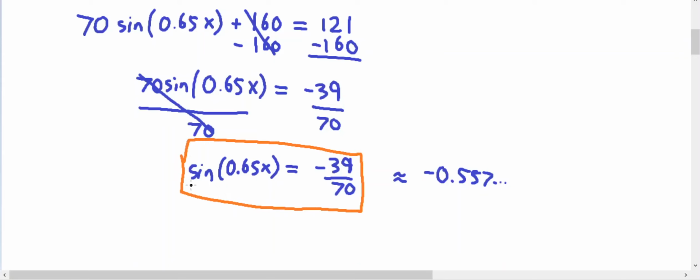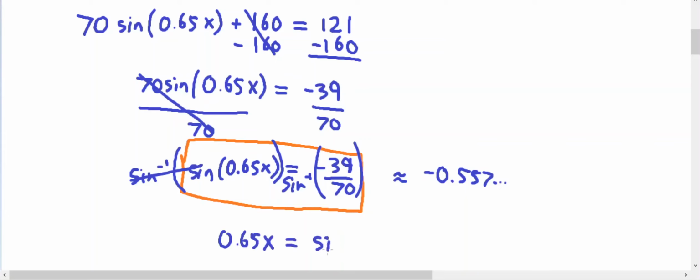This is a good place to make a checkpoint, because if you want to isolate x, what you have to do is take the arc sine. There's some caution you have to take when you do inverse trig, but let's do that anyway. Let's take arc sine of both sides, and these will cancel out like we needed them to. We have 0.65x is equal to arc sine of negative 39 over 70.